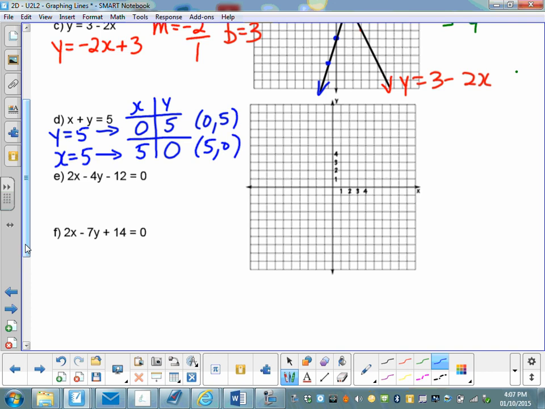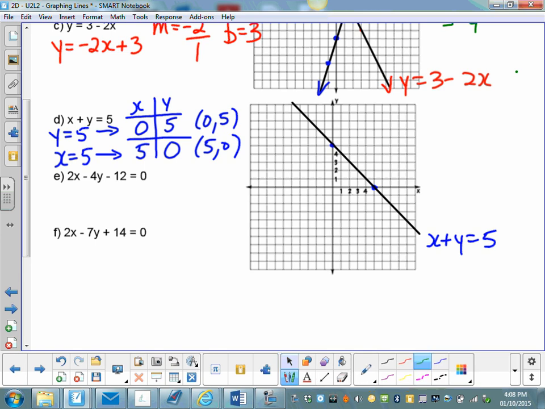So I'll plot those points, 0, 5, and 5, 0, and then I'll draw my line through those 2 points. Okay, I might need to fix that a little bit. Perfect. Okay, so that is the line x plus y equals 5.